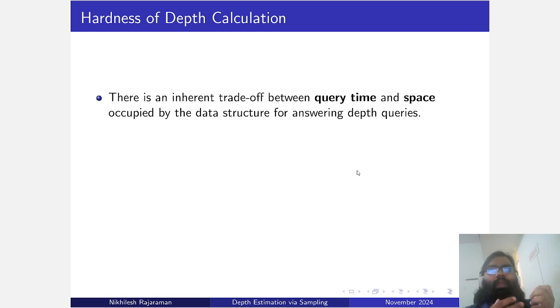We've just paid an additional polylog n factor in terms of space, but we've improved the query time significantly from linear to order log n. So this is kind of like an efficient algorithm in some sense. However, it turns out that this kind of nice trade-off is in fact not always possible when we consider other type of ranges.